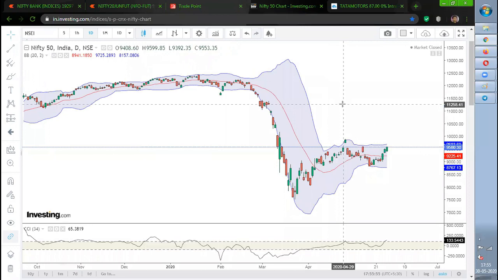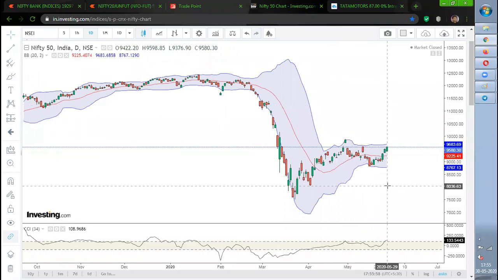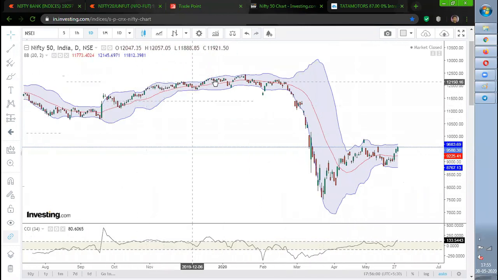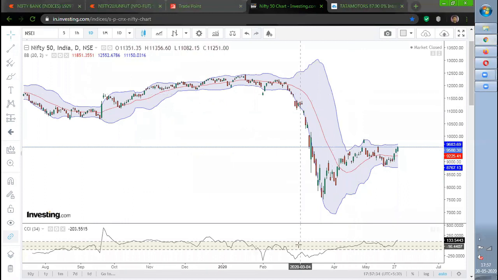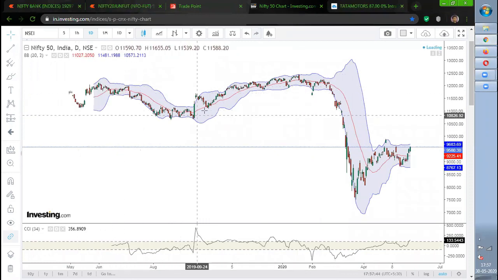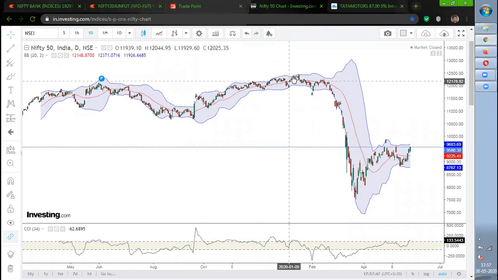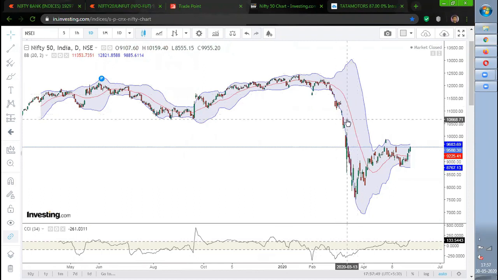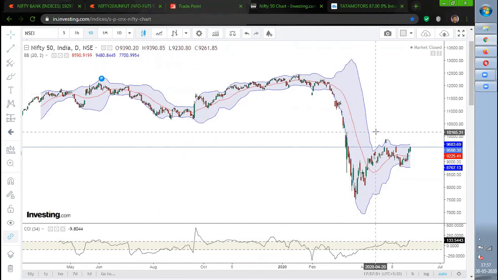I hate Bollinger Band. People say whenever this contraction happens, it will give a breakout. But if you see this chart, it is contracting for a longer time. When this explosive move will come, we are not sure.